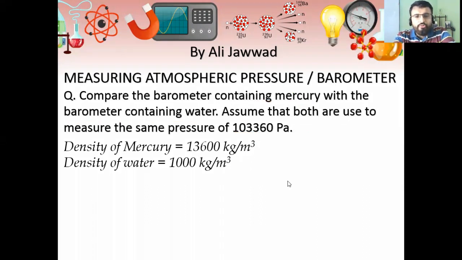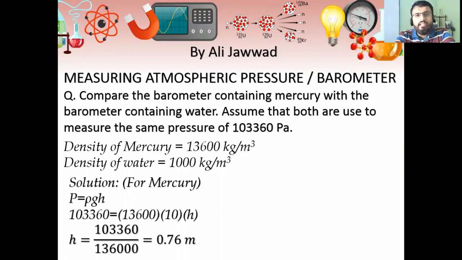Now we are going to use the same equation for hydrostatic pressure, which we developed in lesson number 2. Pressure is equal to rho, which represents density, times gravity times height. When we solve it for mercury, the pressure in which the barometer is placed is 103,360 Pascal, while the density of mercury is substituted.